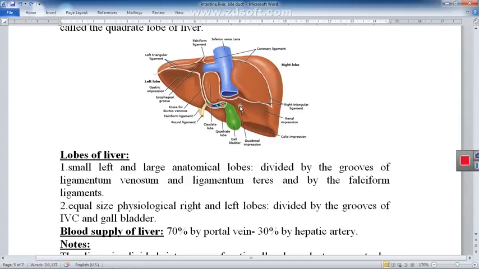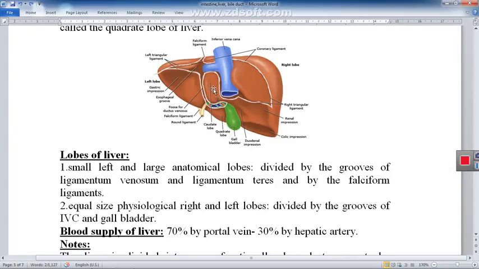But there is another type of classification that divides the liver into two equal lobes, which are called physiological lobes. The left lobe is the same size as the right lobe in physiological lobulation, and these two equal sized lobes are divided by the fissure for inferior vena cava and the fissure or fossa for the gallbladder.